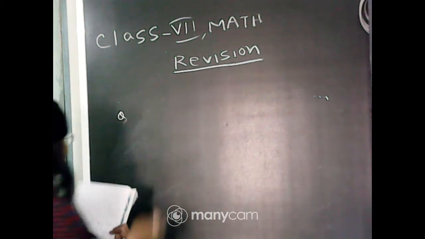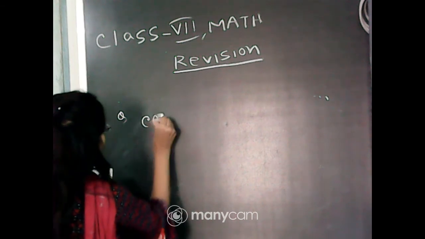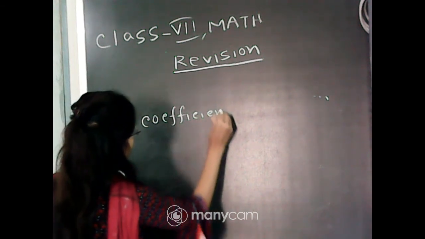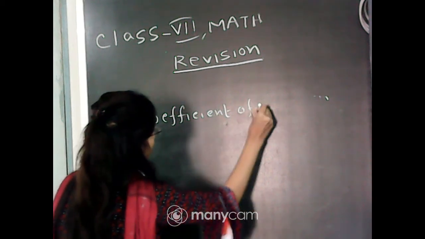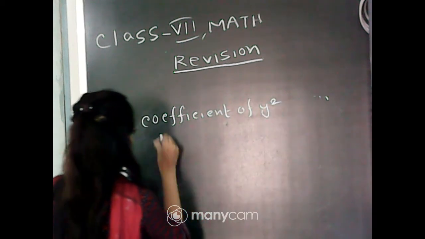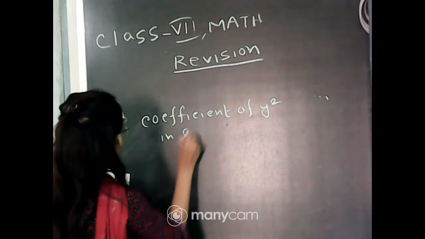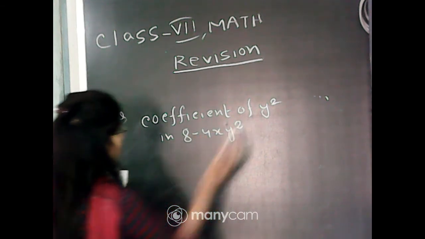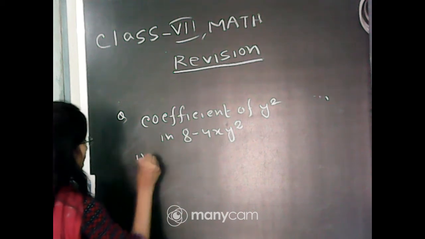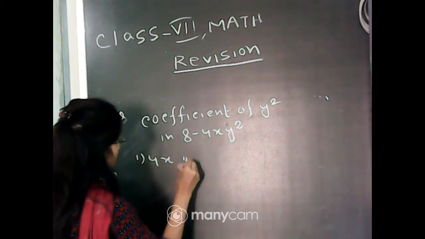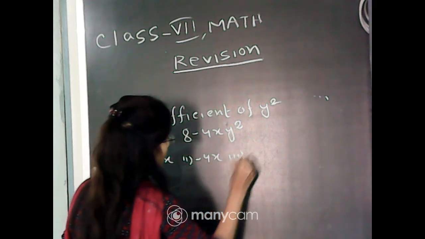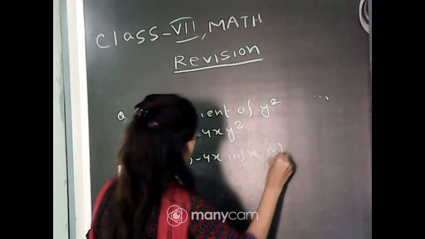What is the coefficient of y square in the algebraic expression 8 minus 4x y square? What is the coefficient of y square? Option 1 is 4x, option 2 is minus 4x, option 3 is x, and option 4 is minus x.